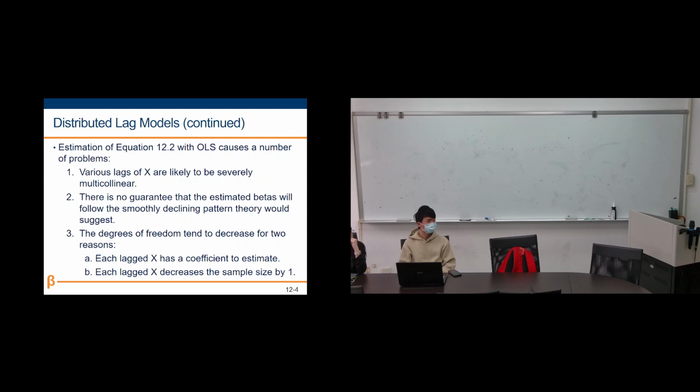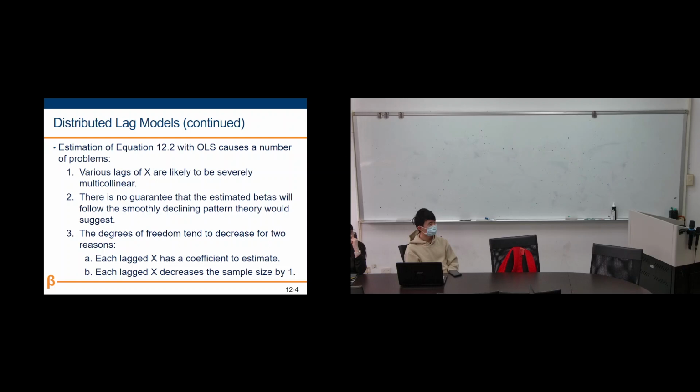The first problem: various lags of X are likely to be severely multicollinear. You understand this one, right? Before we see the answer, we do some thinking to train ourselves to think of the problems. Then the second one: there is no guarantee that the estimated beta will follow the smoothly declining pattern theory would suggest.